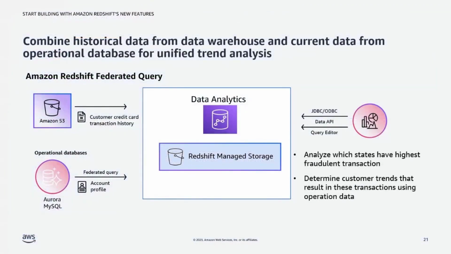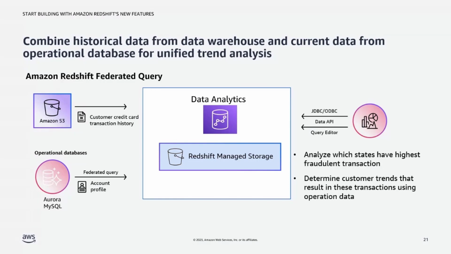One of the key requirements is to provide a unified view to the end users to do trend analysis. This unified view comprises historical data, hot data, as well as operational data. This particular feature of Amazon Redshift is federated query.